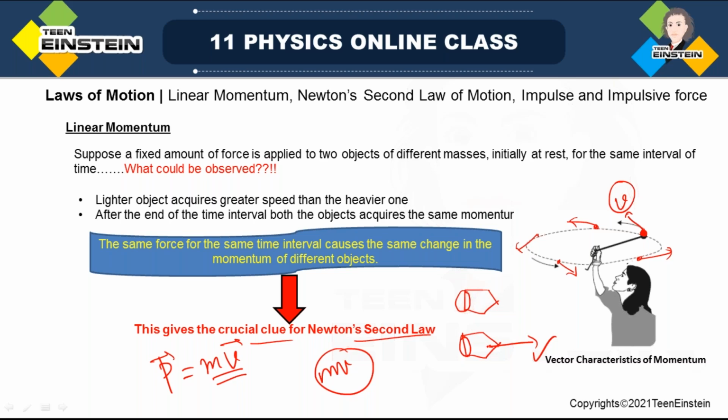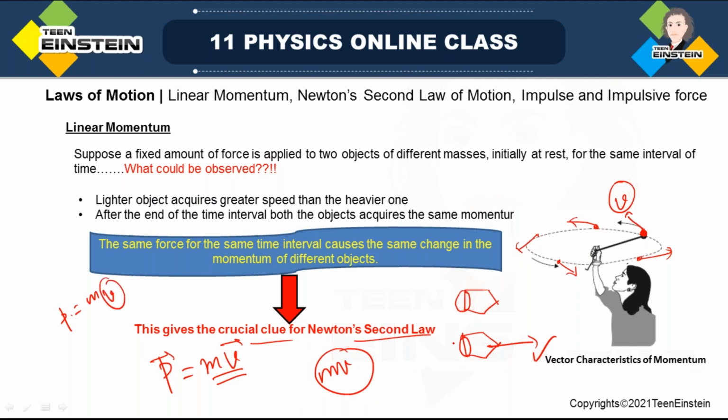You need to apply a large force to make it stop. Whereas if you just throw a bullet, it is easy to stop. So the linear momentum depends on both m and v.